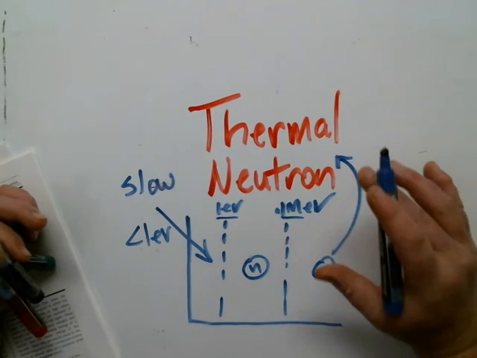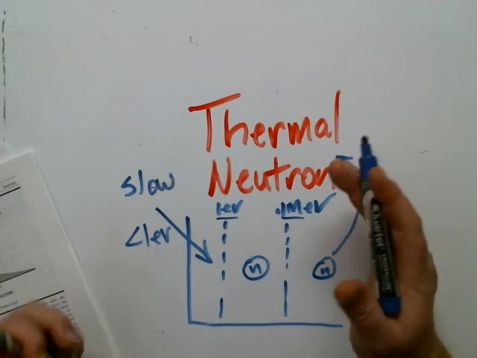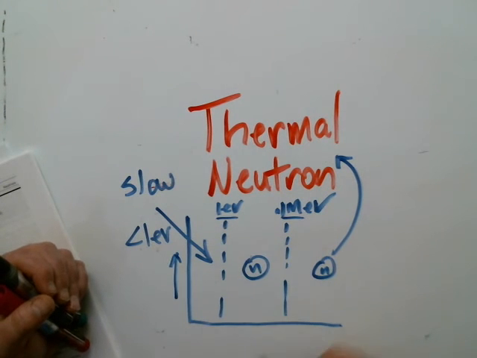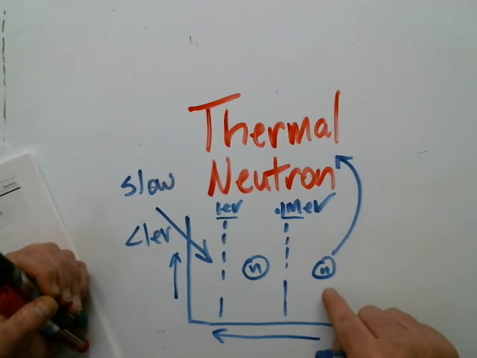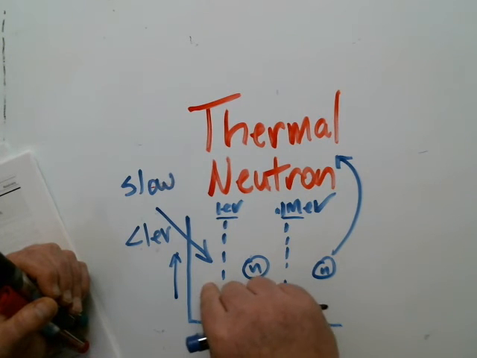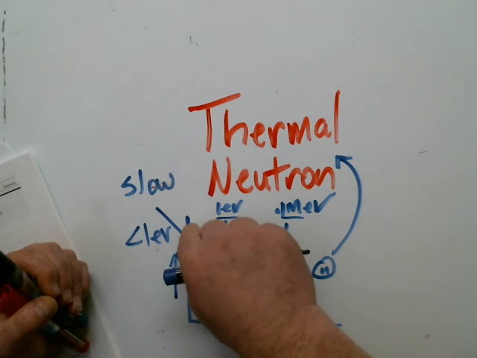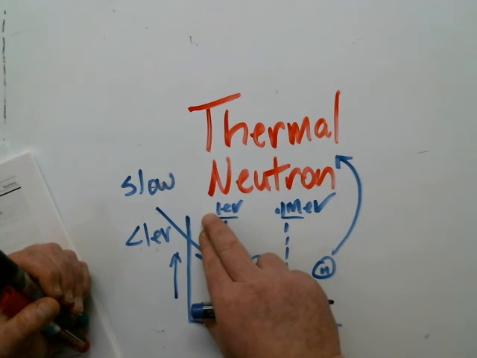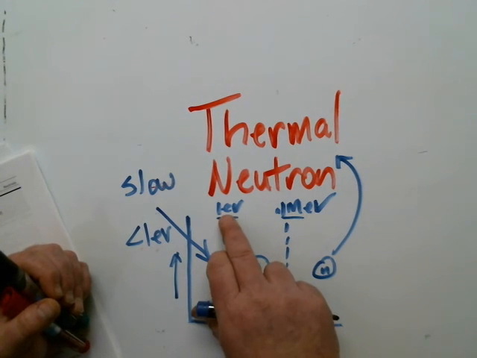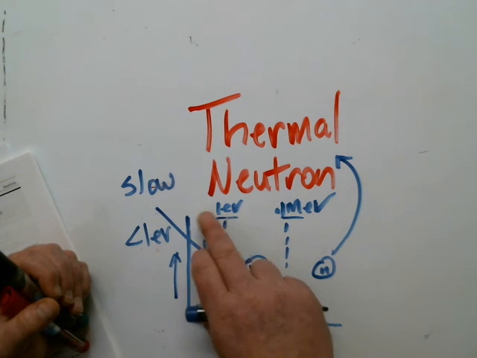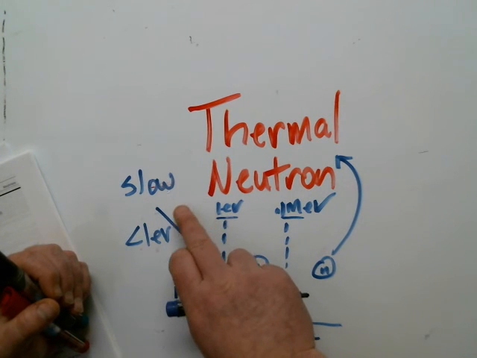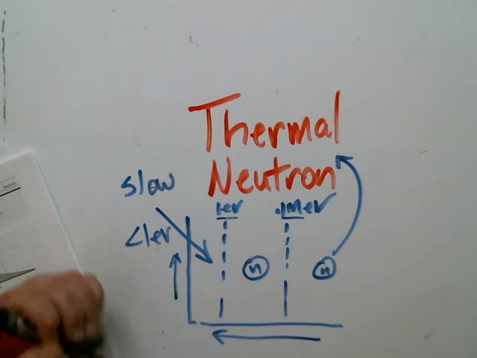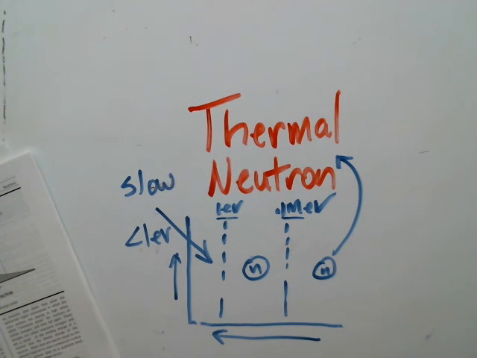But when our neutron is fully thermalized, when it has fully reduced its energy level and increased its target area and it's ready for absorption, it has undergone all of these scattering reactions to slow down and then increase the probability of interaction. When it's all done, it is generally much less than 1 electron volt when it gets absorbed. So it is a slow neutron, and it is at thermal equilibrium with its surroundings. Therefore, it's a thermal neutron. I have to point that out.